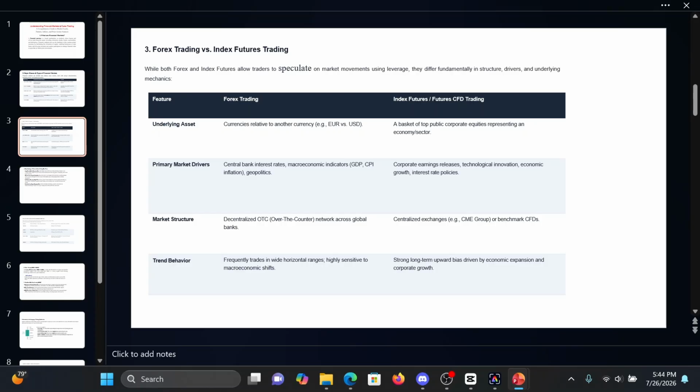All these things affect the financial markets, both the forex and the futures. Now under index or futures trading, we have corporate earnings releases, technological innovations, economic growth, and interest rate policies. Though the others also sometimes affect the futures, technological innovation, economic growth, and interest rates affect the futures market more, and on the long term.